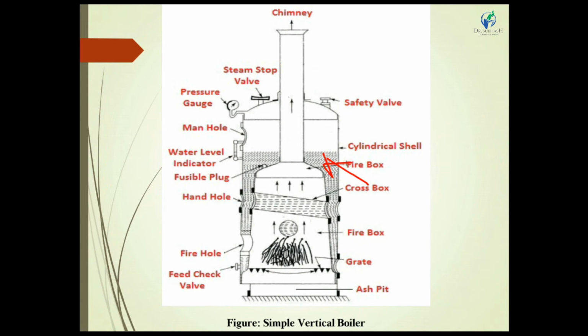From the heat absorption of the flue gases, the water is heated and circulated internally by natural circulation due to density difference. Higher density water comes from the bottom side and lower density water goes to the upper side of the boiler.